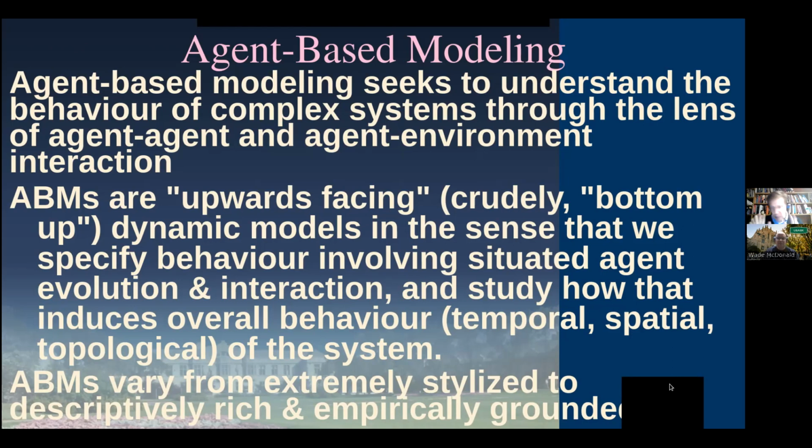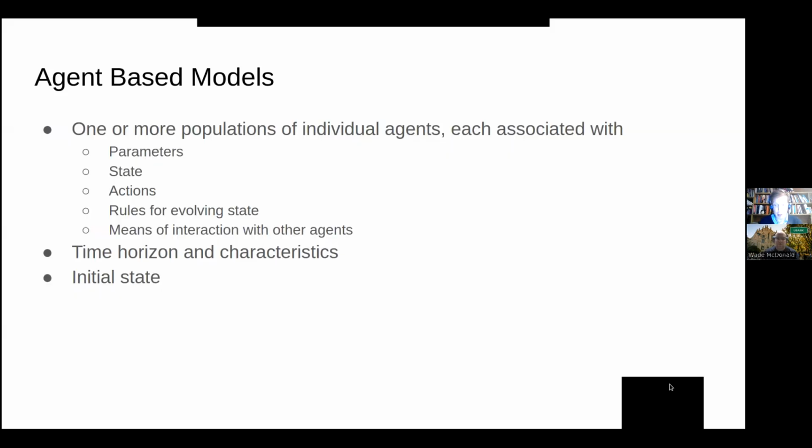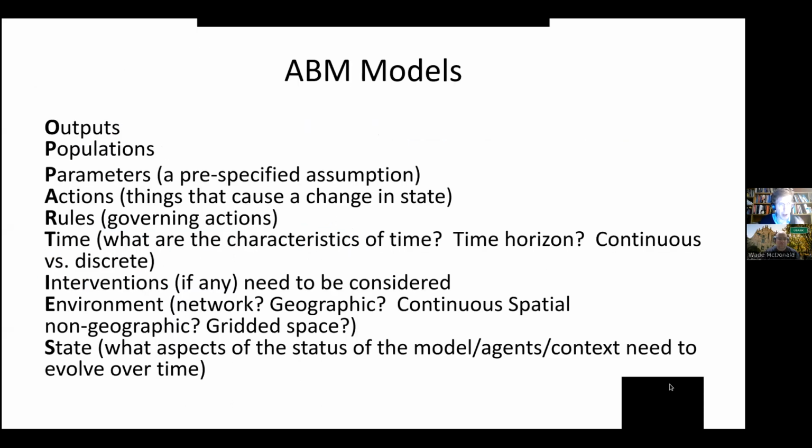And agent-based models, like other types of dynamic modeling, vary from the extremely stylized, very simple thinking tools, often for theory building, to descriptively rich and empirically grounded models that are aimed at theory explication, understanding the logical consequences of theory over time. So what are these agent-based models? Well, they consist of one or more populations of agents, each of which is associated with parameters, some state.